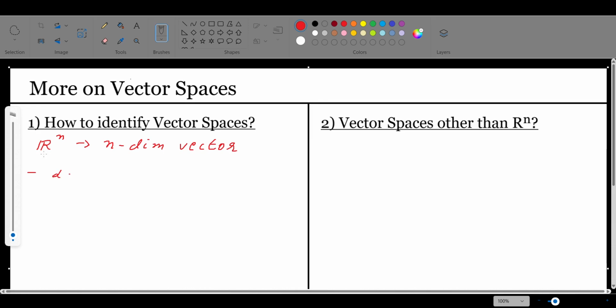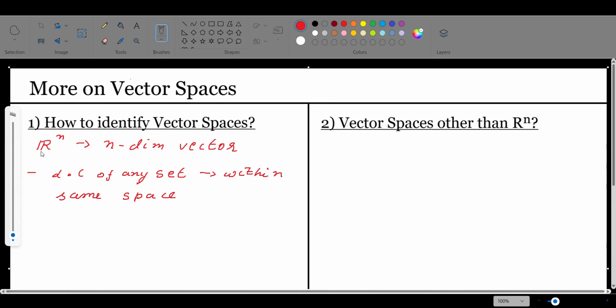So, LC of vectors of any set of vectors should be within the same space. Now, what do I mean by space over here? Space, you could think of it as a set of vectors.